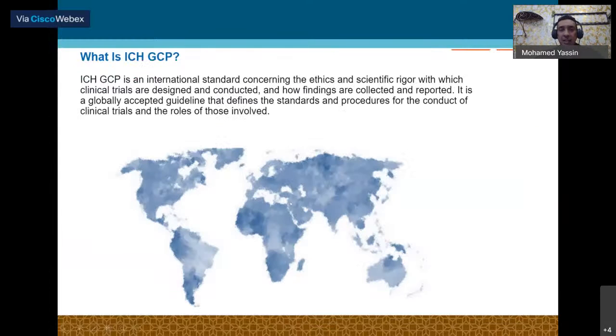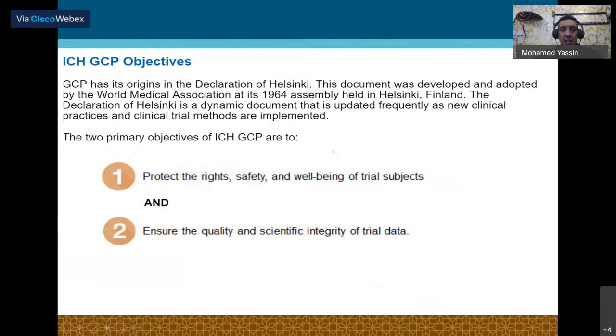And the main aim of the GCP also is to protect the rights, safety, and well-being of the trial subject, and to ensure the quality and scientific integrity of the trial data, so that it harmonizes clinical trials worldwide, and it protects the rights, safety, as well as well-being of the participant.